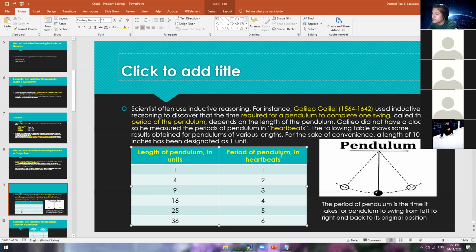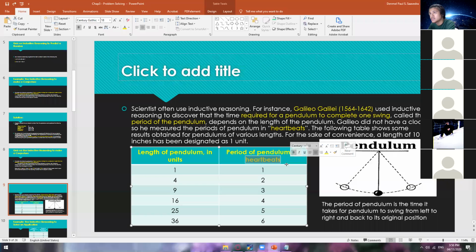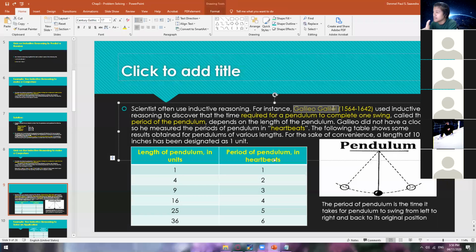But as far as I know, when we say period of a pendulum, that's one complete swing from left to right and then going back to its original position. But it says here in heartbeats. So maybe it has a constant speed wherein one period of the pendulum is equivalent to a heartbeat of Mr. Galileo Galilei, since all of us do not have the same rhythm of heartbeat.